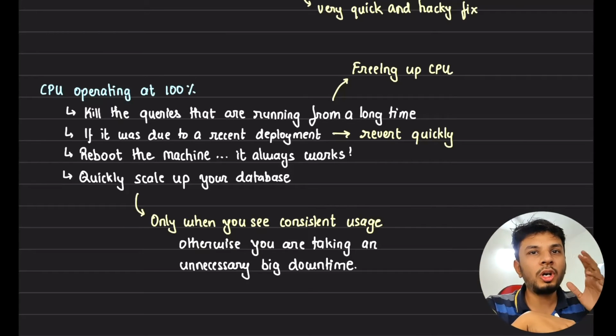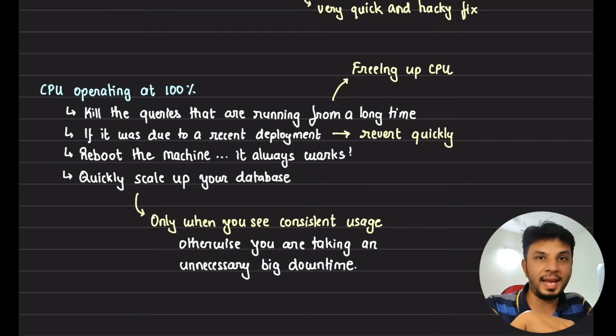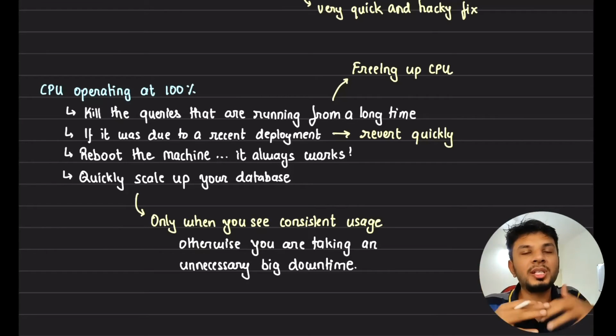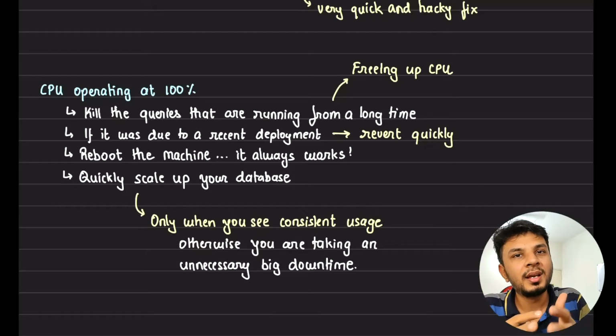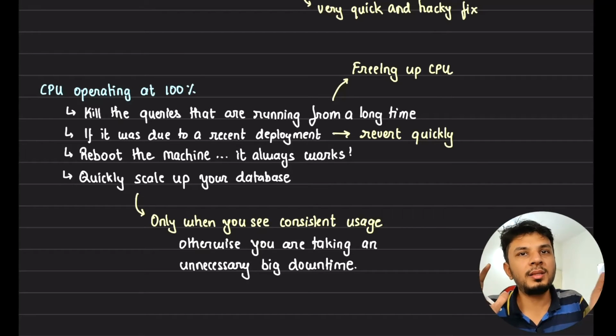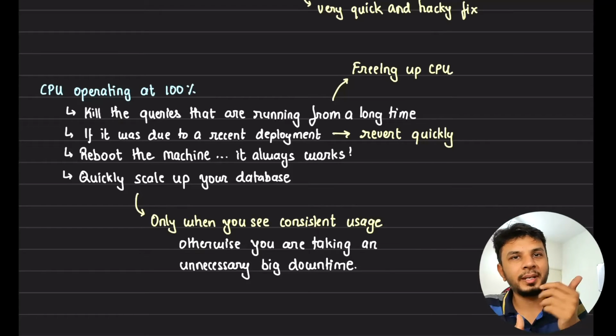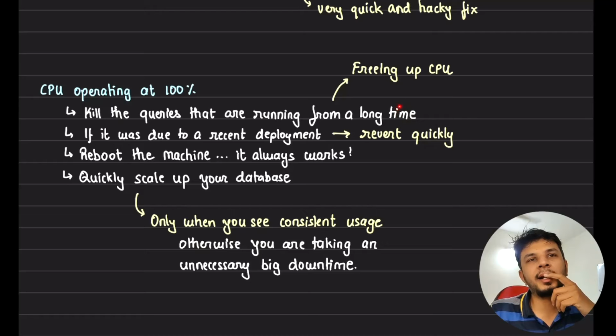Even though your database can accept a large number of connections, there are no CPU cycles to execute them because the wait time is very high. There are far too many queries that have come in, and you're able to handle the connections, but you're not able to execute the queries. So that's where your CPU is operating at 100%.